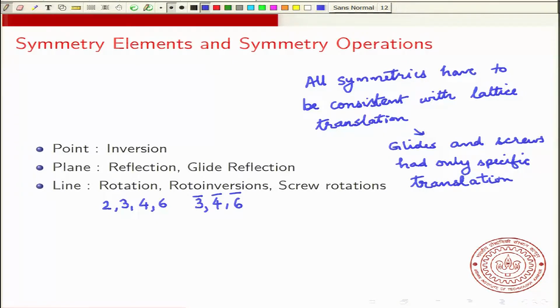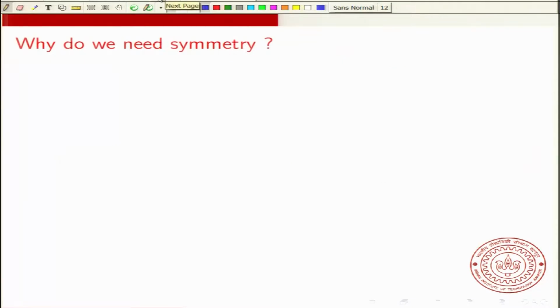Okay. Now the question is, why do we need symmetry? I'll give a few reasons why we need symmetry. Let's start with the following statement that we used. We had defined a crystal as a lattice plus a basis.